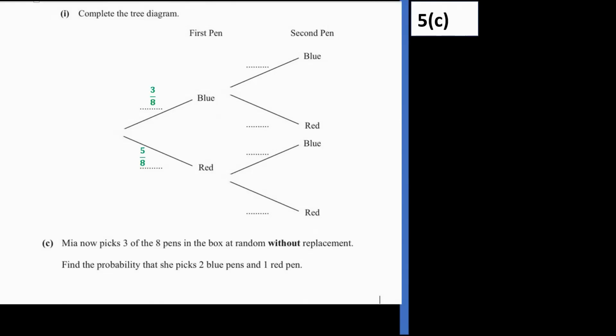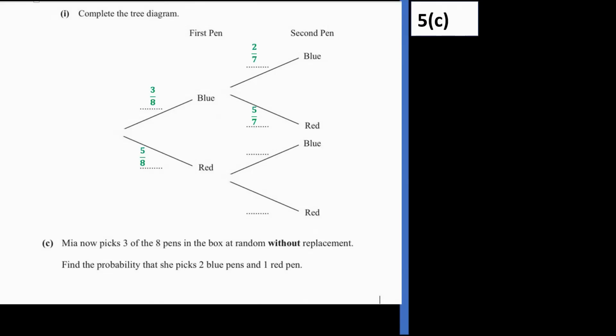If the second pen is blue after the first blue, then the number of blue will drop from 3 to 2, and the total will drop from 8 to 7. If the first is blue and the second is red, the number of red will remain intact, 5, but the total number of pens will reduce because the blue has been picked, so we have 5/7. And then if the first is red and the second is blue, we have 5/8 for red.